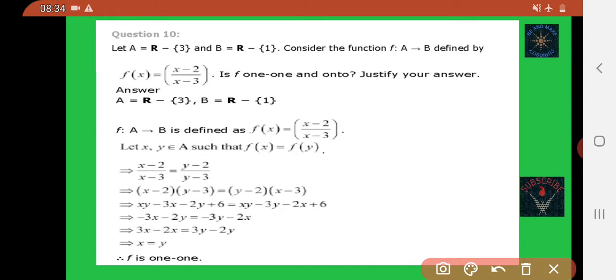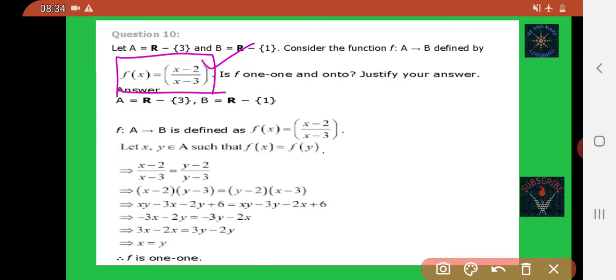And now we have to check whether this function is one-one or onto function or not. Okay. If this function is both one-one and onto function, then this function is called a bijective function.